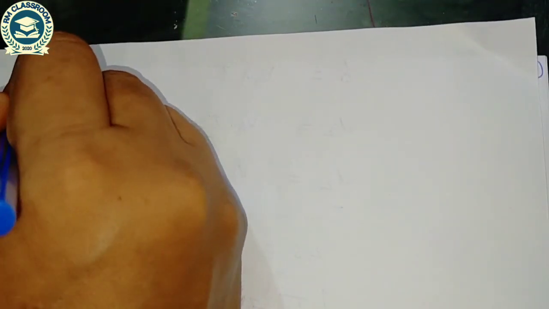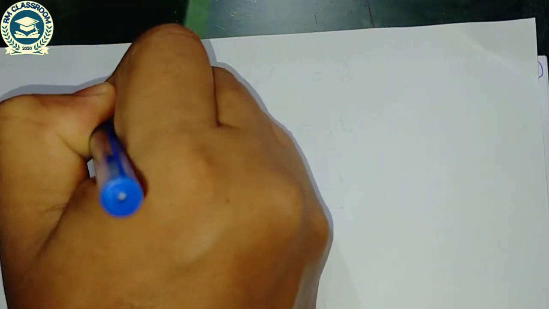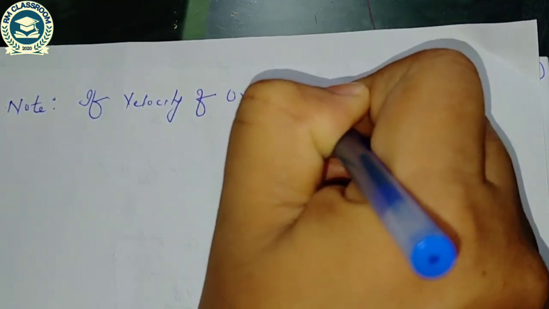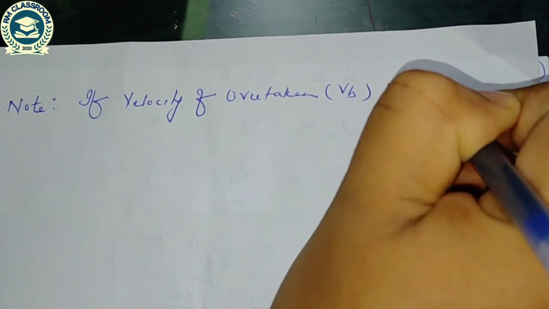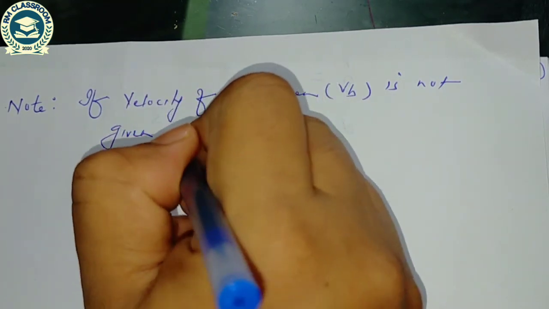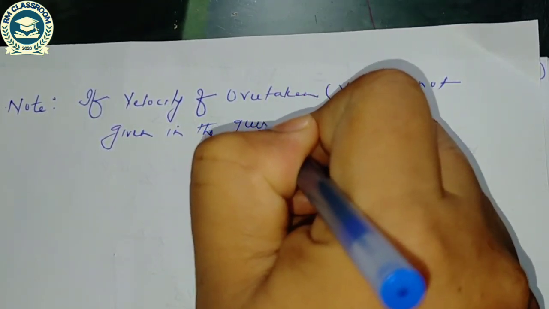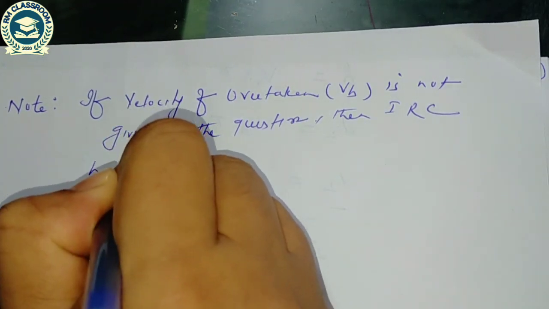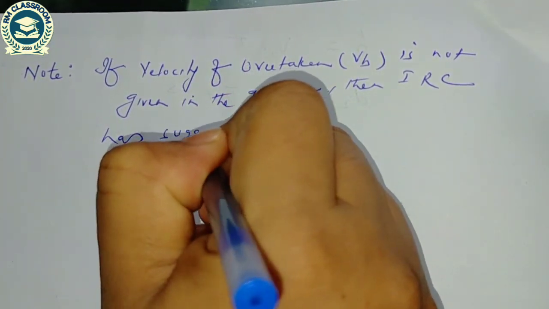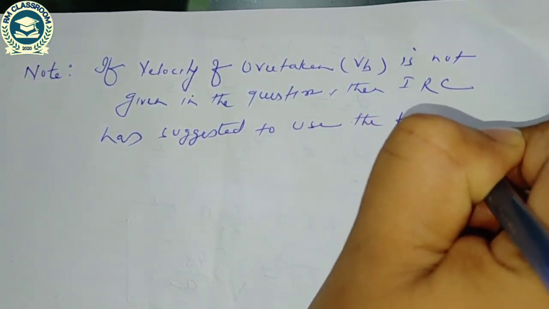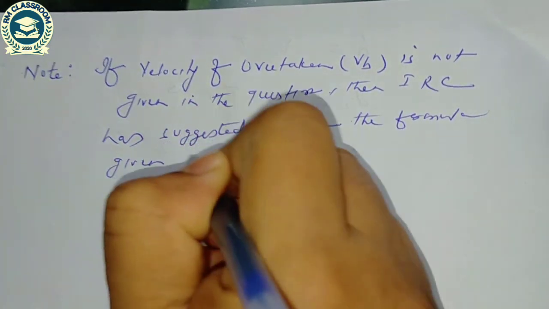If the velocity of overtaken, that is VB, is not given in the question, then IRC has suggested to use the formula given below.